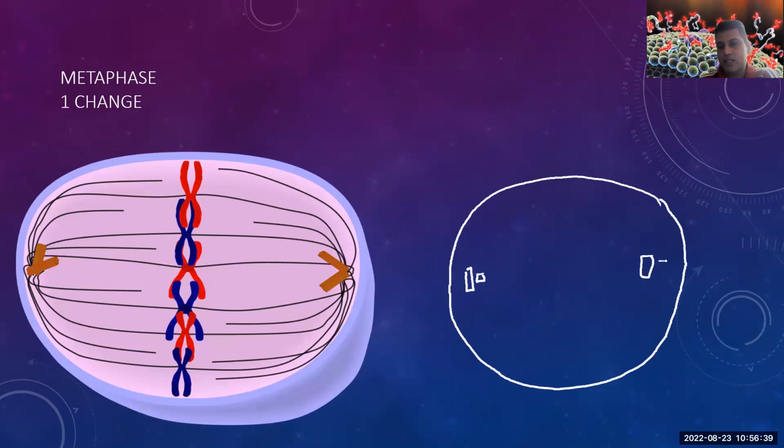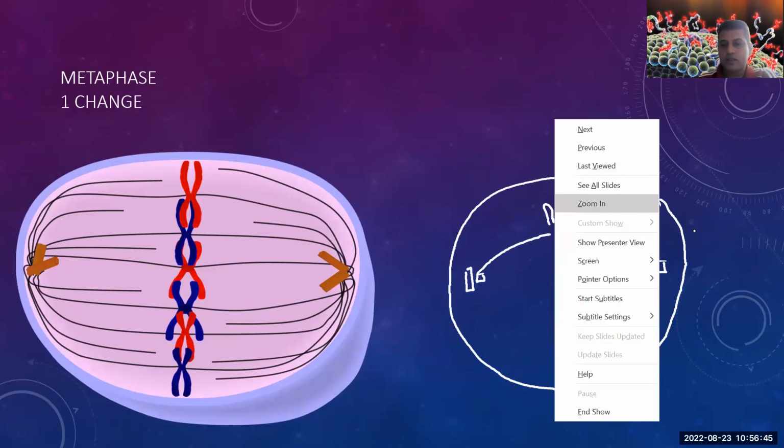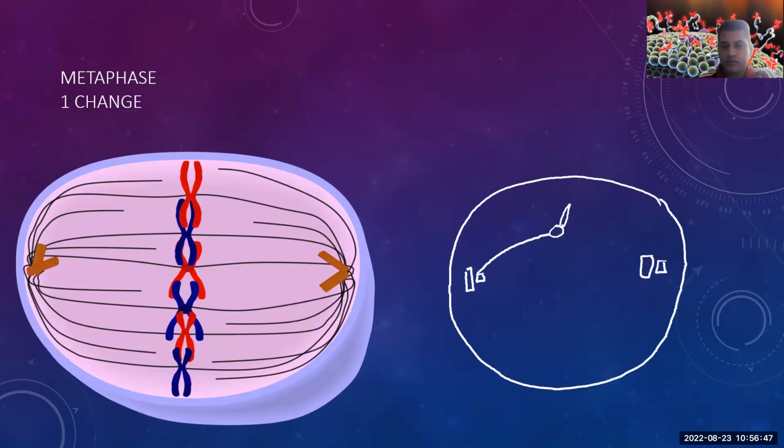This is the centrosome, and this is the spindle. So the chromosome is attached like this. You can say the attachment here is the centromere, kinetochore, and the spindle. This is the spindle, this is the centrosome, and this is the kinetochore, the yellow one.